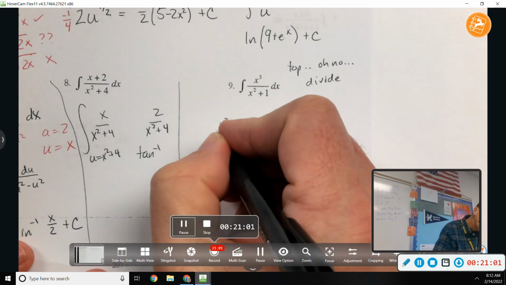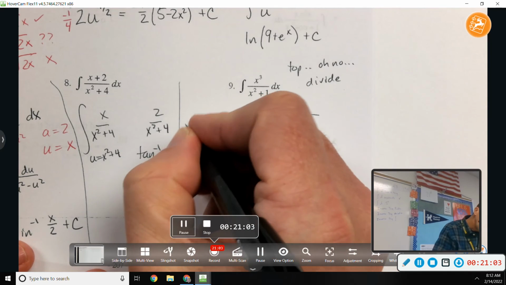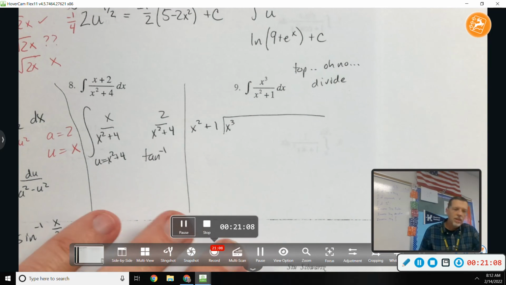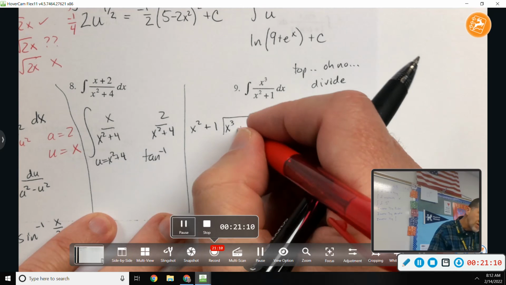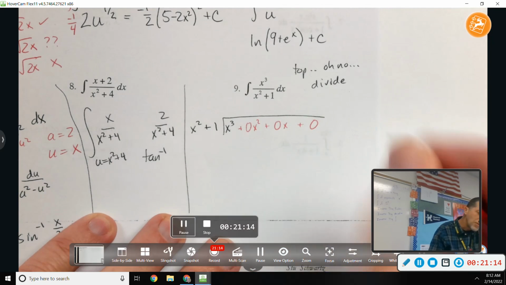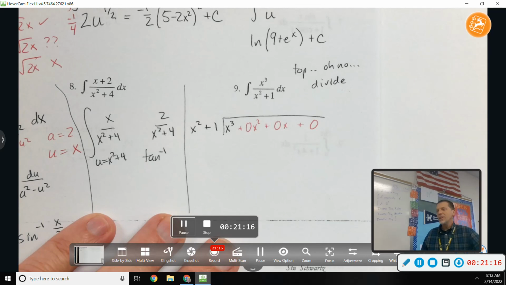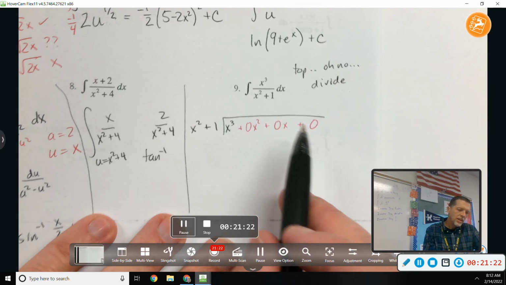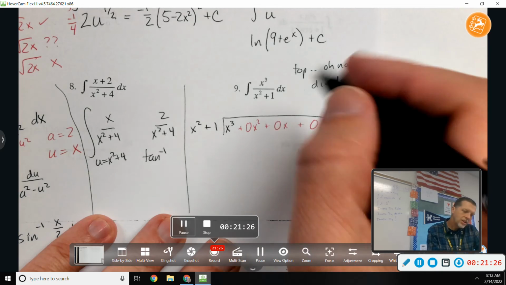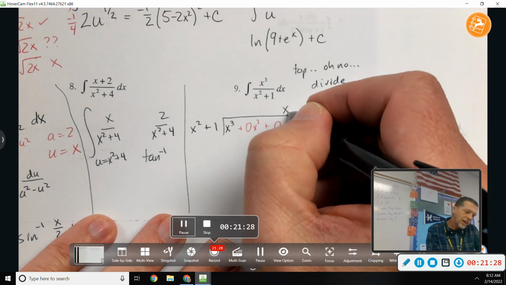So x cubed divided by x squared plus 1. You may remember this from Algebra 2 days: if you're missing terms, it might be helpful to put them in as zeros to keep things lined up. So what times x squared gets me to x cubed? x.